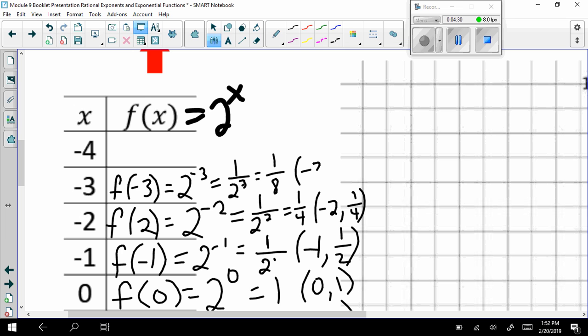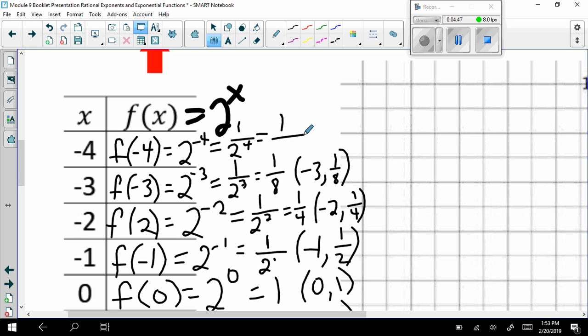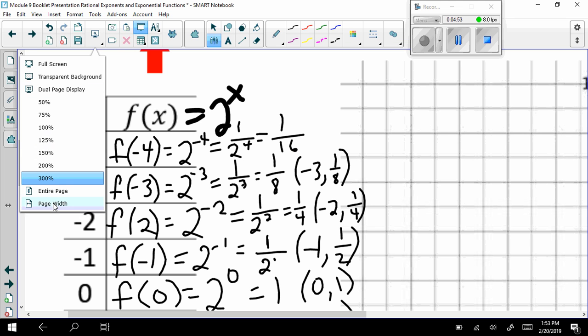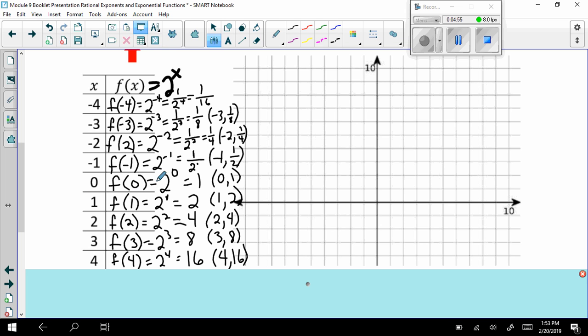So that's -3, 1/8. So we're getting smaller and smaller. And then f of -4 is 2 to the -4, which is 1/2 to the 4, which is 1/16. So that's the point -4, 1/16.